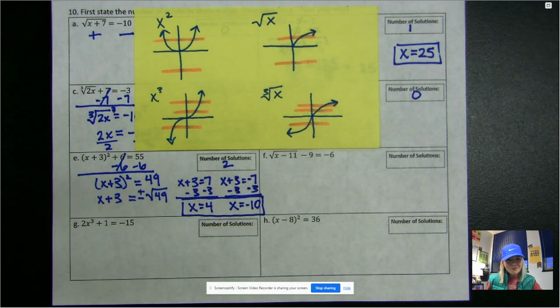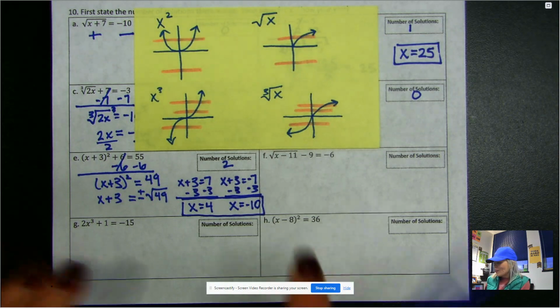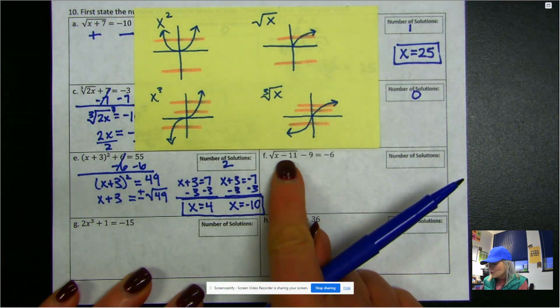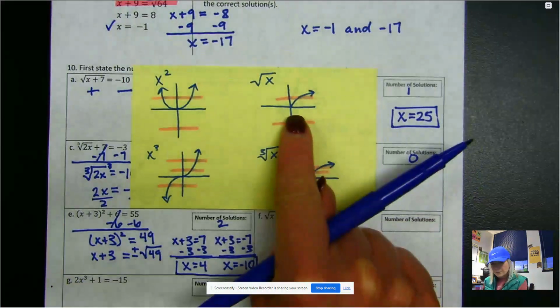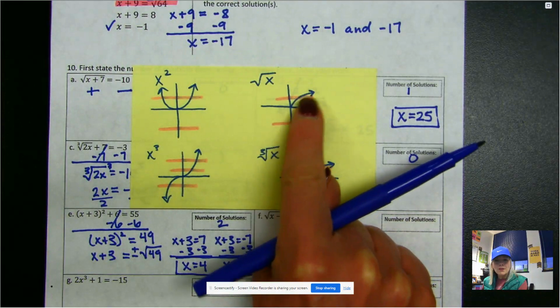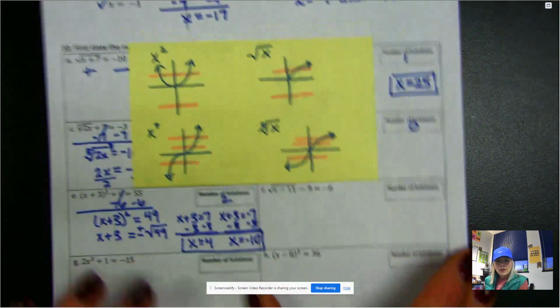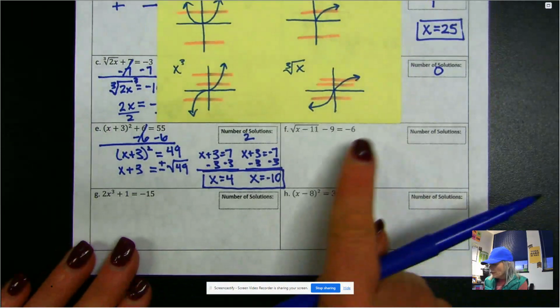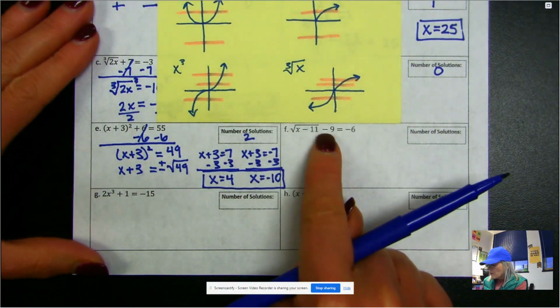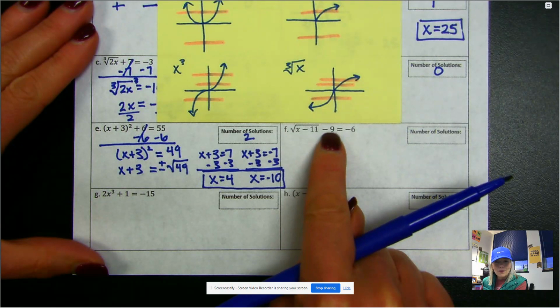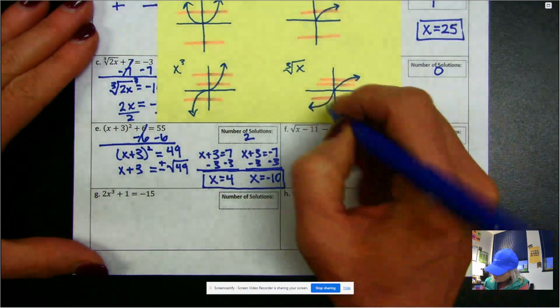All right. So on F, this is a square root equation. Square root equations have to be equal to a positive number to have a solution. It looks like it's equal to a negative number, but this minus 9 is on the outside of the square root.